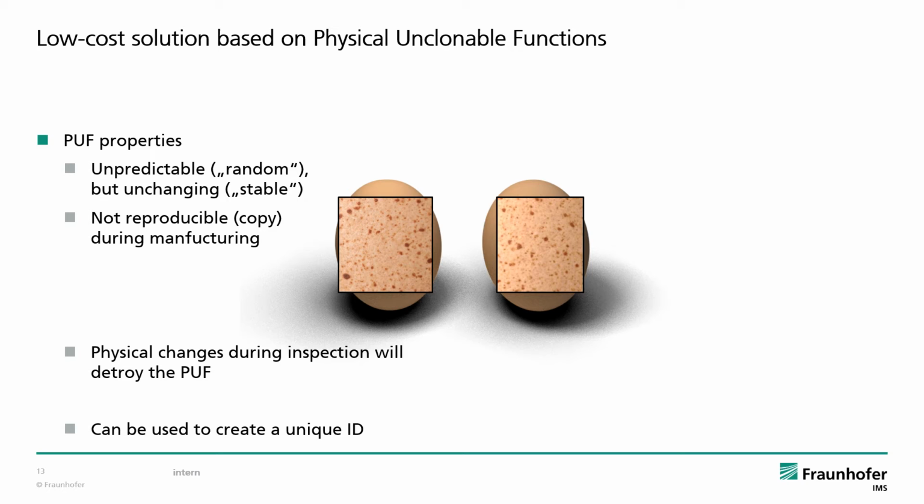Luckily, physical modifications to the die, like reverse engineering methods, will likely change these imperfections and thereby corrupt the PUF's data, which can be easily detected. PUFs are hence useful to provide unique identifiers for trusted identification and, with some additional effort, to provide seed values for random number generators.